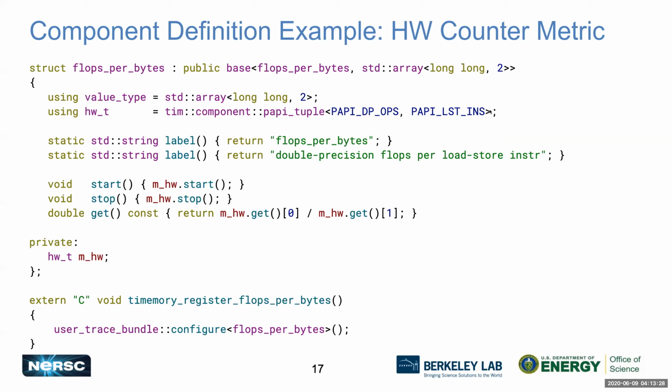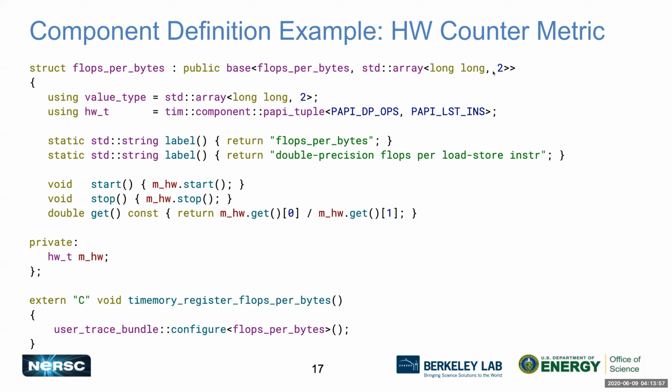We're going to store that in basically two long entries. As you can see in the start, we simply create that papi tuple component as part of our flops per byte. In the start member function, we call start on our papi tuple, and in stop we call stop.